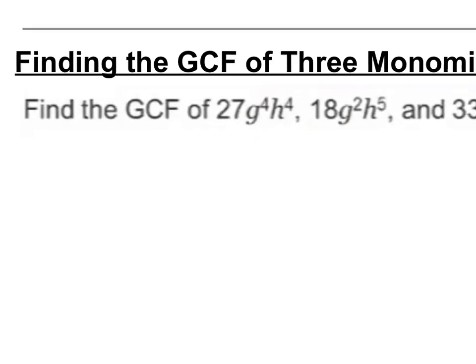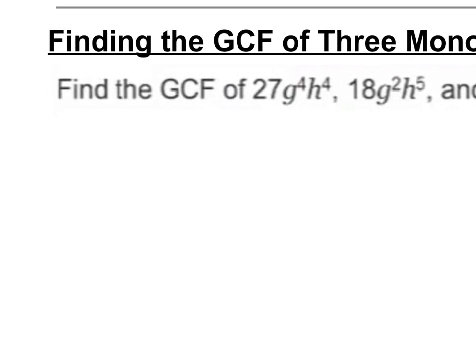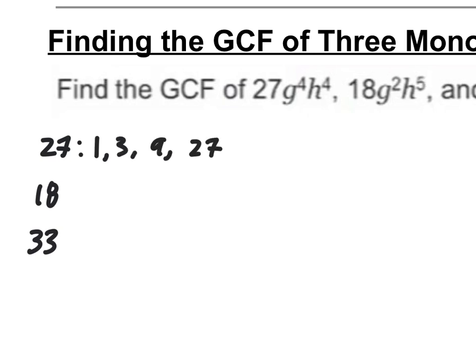So let's take a look at the numbers 27, 18, and 33. The factors of 27 are 1, 27, and then 3 and 9. With 18, we've got 1 and 18, and 2 and 9.